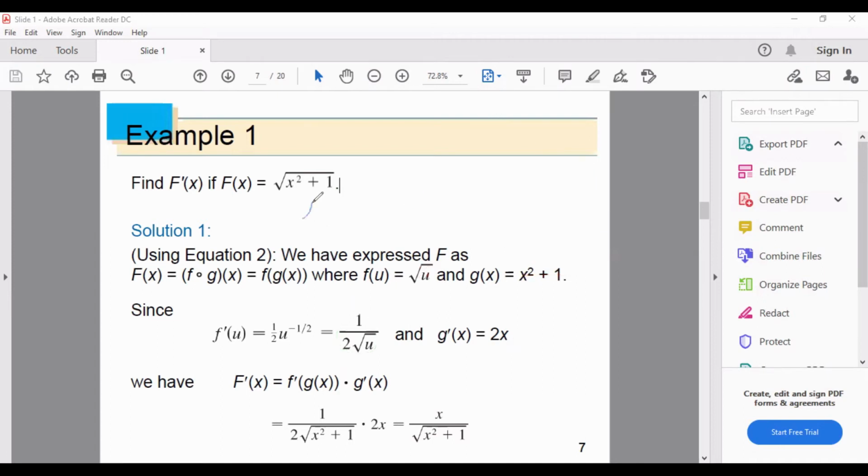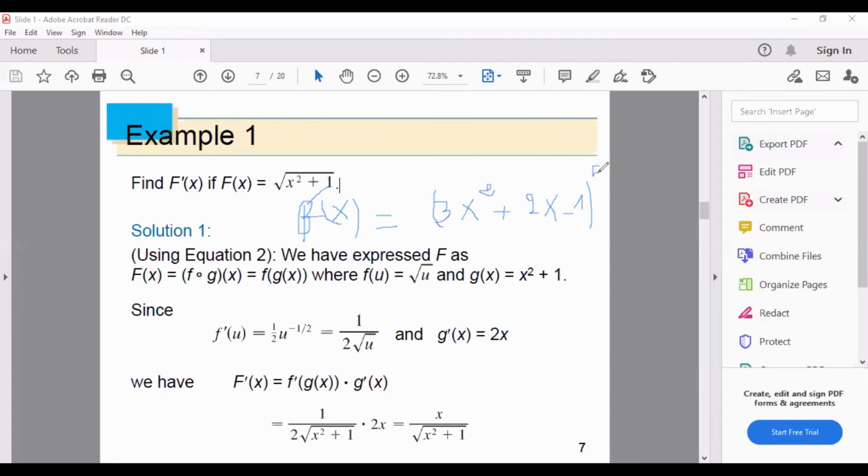Obviously, after that, we can simplify a little bit. What about capital F of x? What about its derivative when F of x is equal to 3x squared plus 2x minus 1, all to the 5?